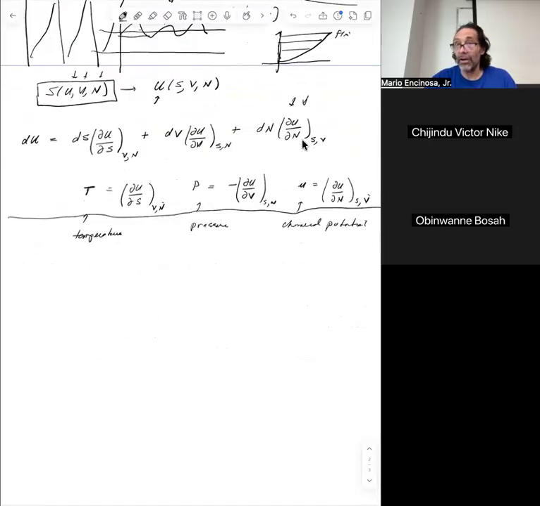You know why? Because there's no physics in those statements yet. This is a statement about physics right here. The interpretation that partial U, partial S is the temperature, P is negative partial U, partial V, and mu is the partial with respect to N. That took work.